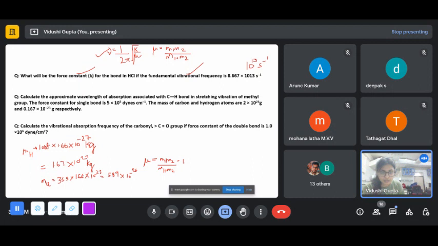That's 1.67 into. Has anyone calculated what the value of reduced mass will be? 1.8 into 10 power minus 27? 9.8 into 10 power minus 27? No, it's wrong. Just check your calculation once.